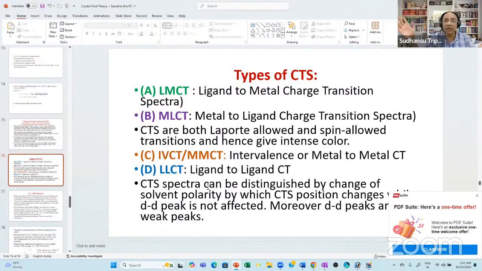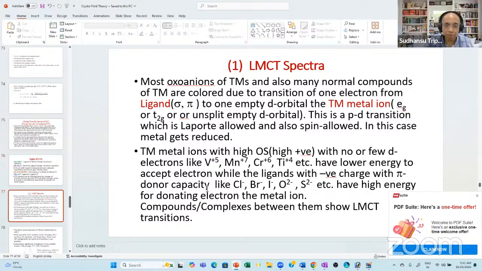Sometimes ligand to ligand. The metal ion will remain as a spectator, but there are 2 types of ligands, one a donor ligand and one an acceptor ligand. So there will be a transition from this to this via the metal ion, it will absorb some color and we see the complementary color.